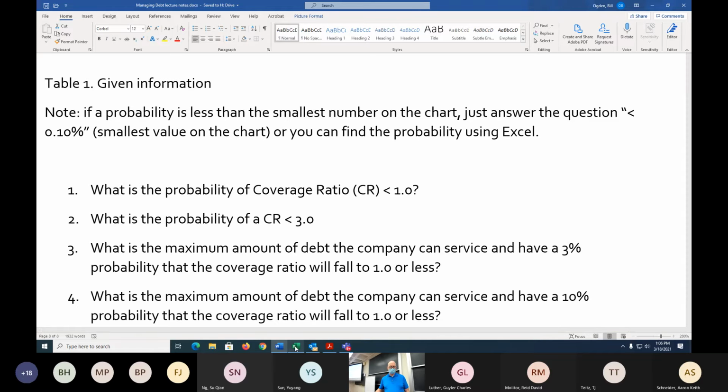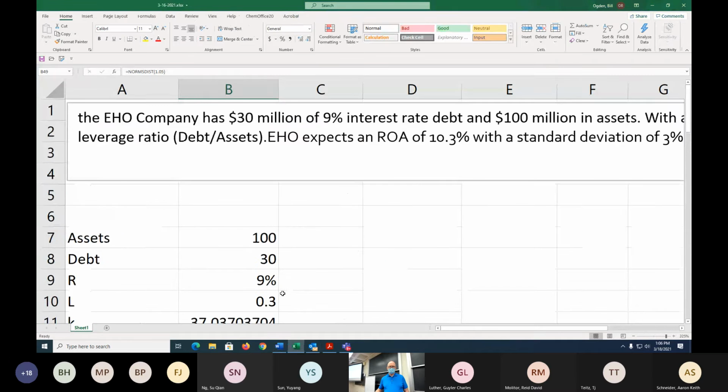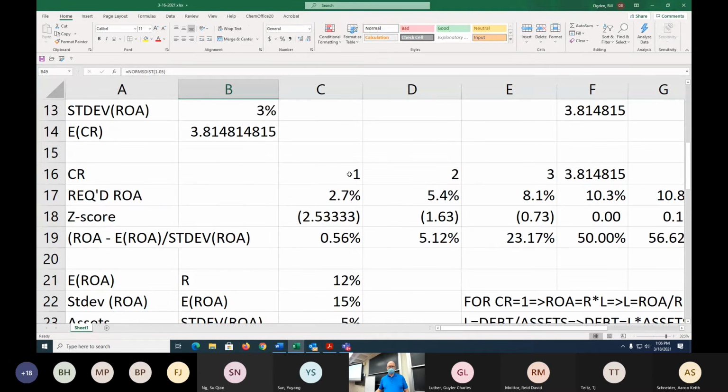Well, you might recall that on this we did coverage ratio of 1, 2, 3, didn't we? And whatever you get for the ROA for covering once, the ROA for covering 3 times is 3 times that number, isn't it? So instead of just testing the ROA for covering once, you test the ROA for covering 3 times. That's all you have to do.